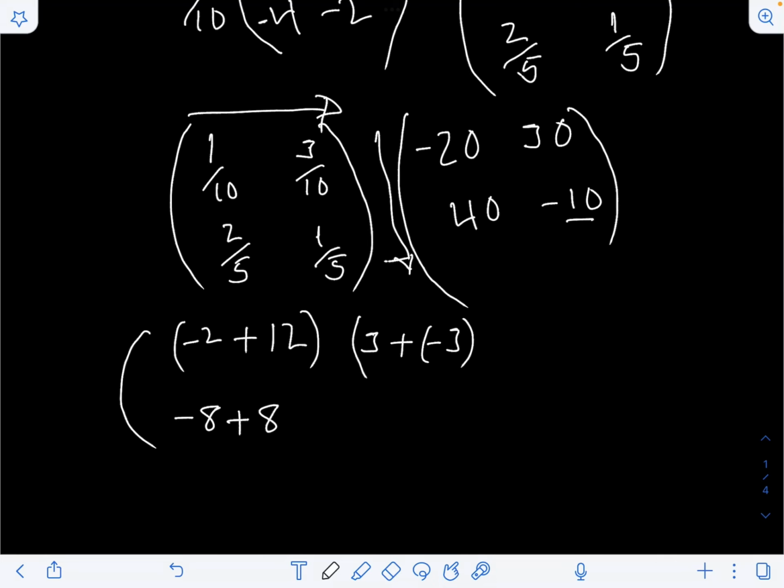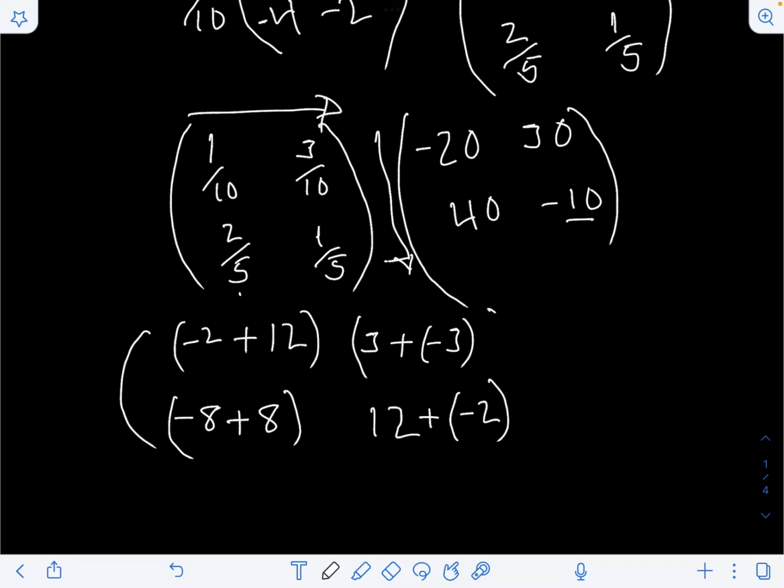Then the last part is the second row, second column. So 2/5 times 30 will give us 12, plus 1/5 times 10 will give us negative 2.